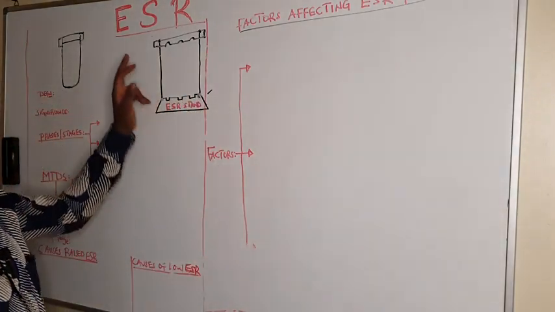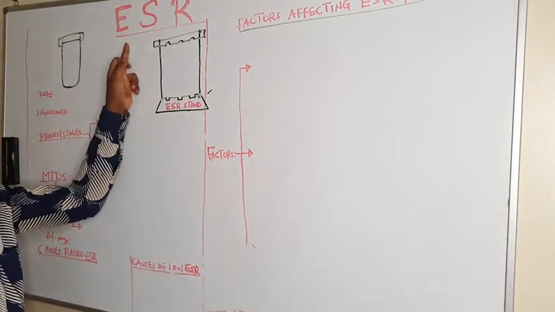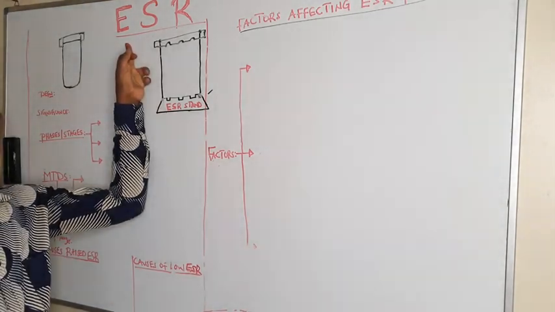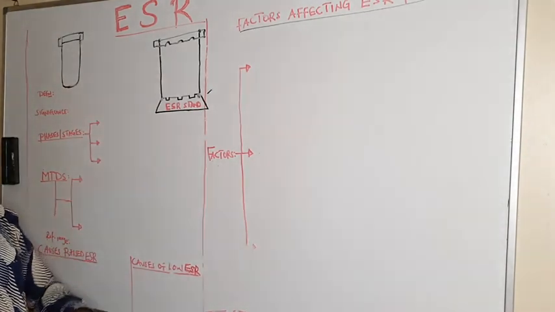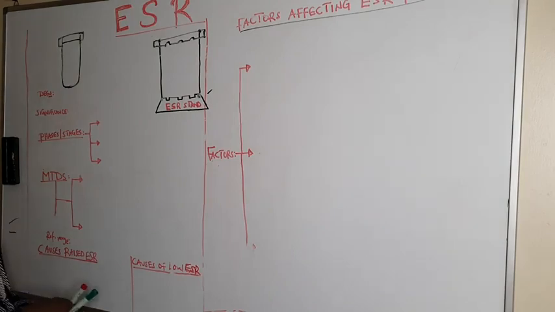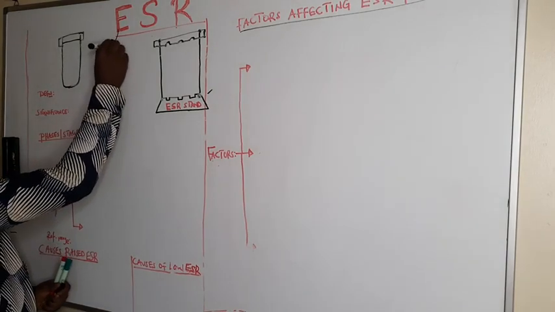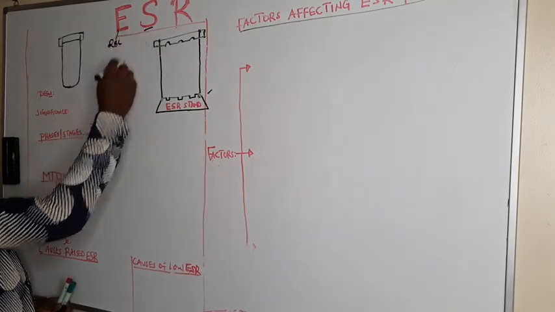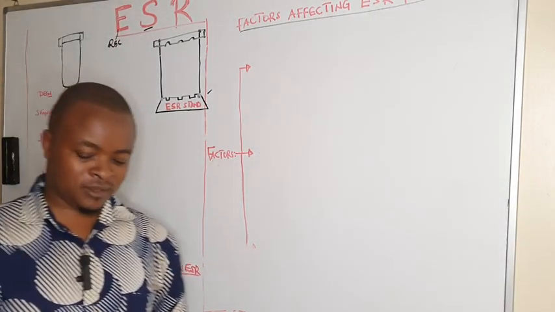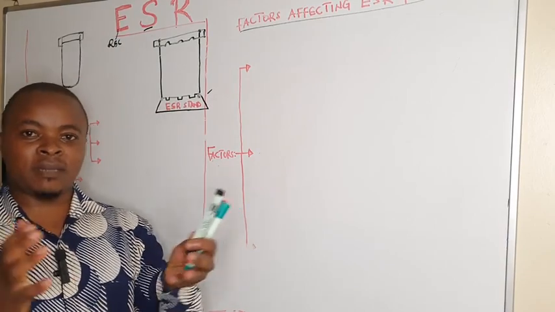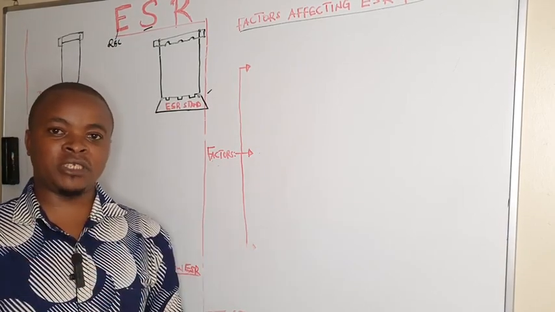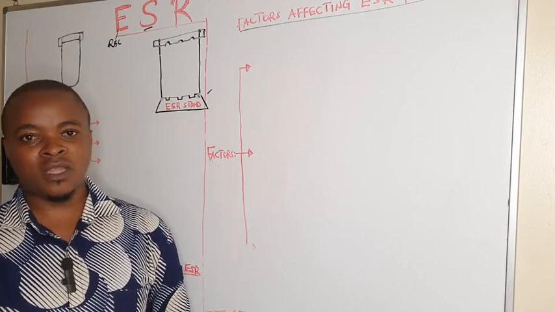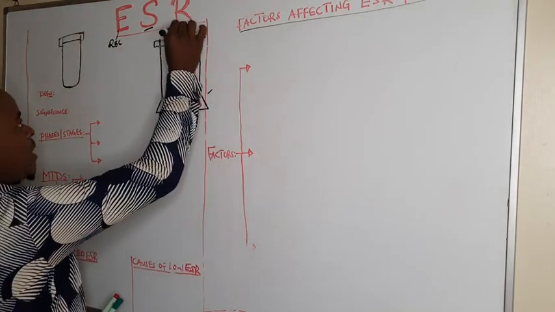The E stands for erythrocyte, which means red blood cells, RBCs, whereas sedimentation means the red blood cells clumping together, then falling to pack at the bottom of the tube. Then the rate is the time.